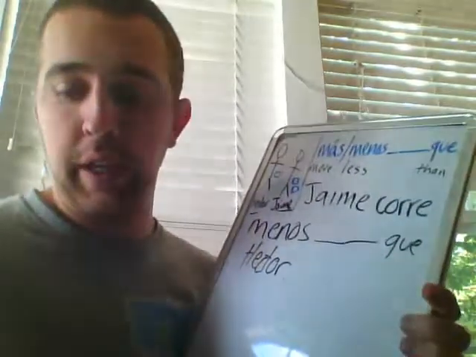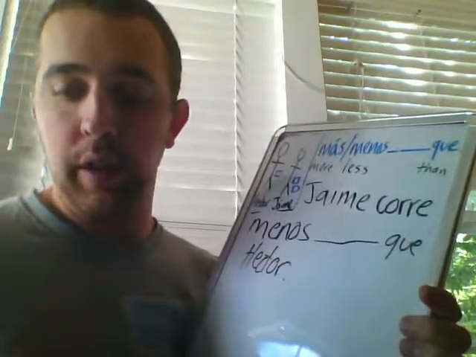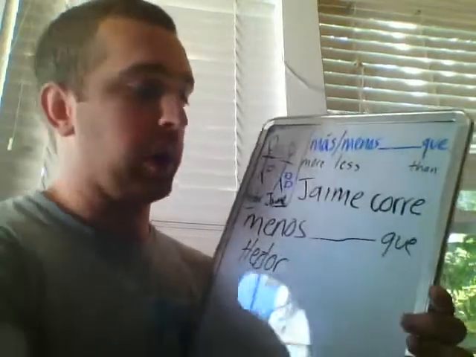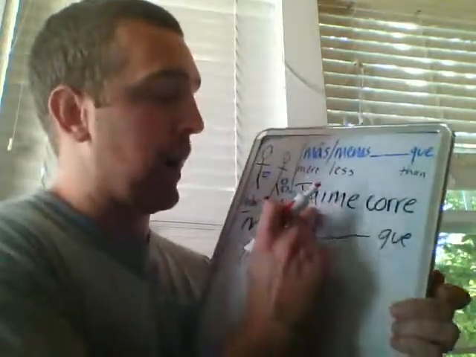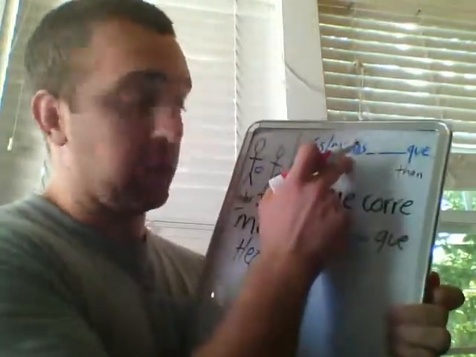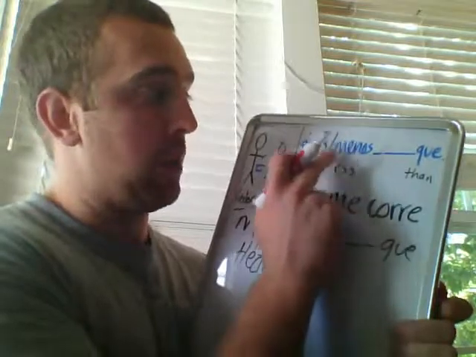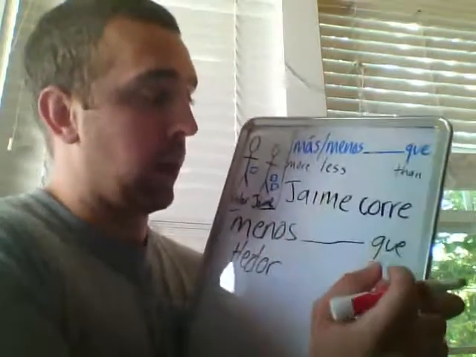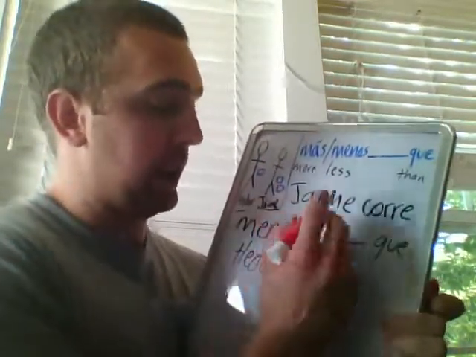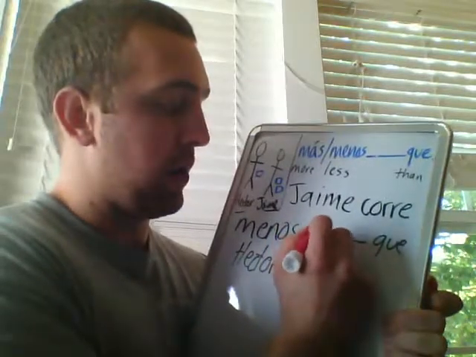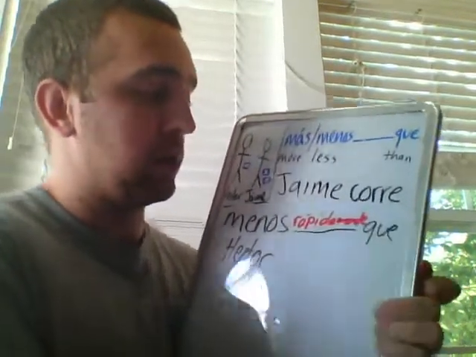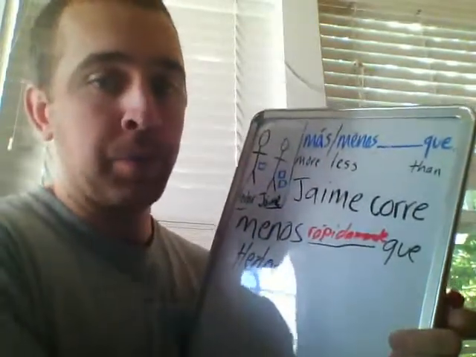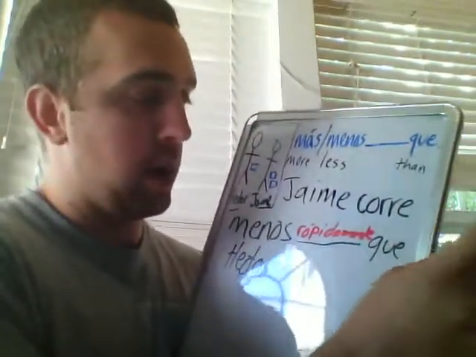Alright, we're saying he runs less quickly, so we're going to see rápidamente. Hopefully I can fit that in our blank. So Jaime runs less, this is still the same phrase we're going back to, más or menos with a blank and then que. So Jaime runs less rápidamente, less quickly, and that's sort of butchered, but I promise it's there, less quickly than Hector.